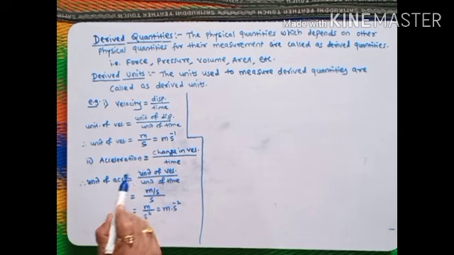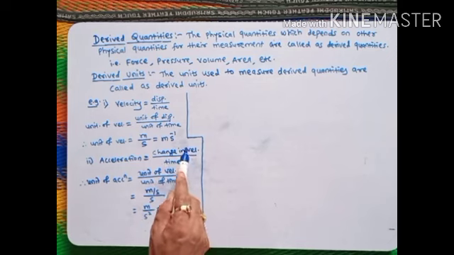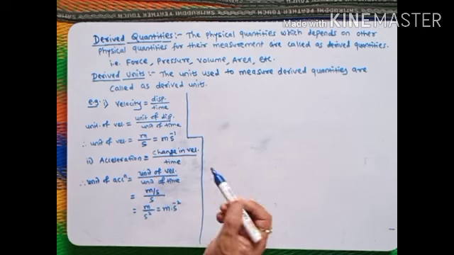This acceleration is also a derived quantity because it is derived from change in velocity divided by time. Again, velocity is also a derived quantity, that is displacement upon time, and in this way the unit of acceleration is found out, and this unit we also call a derived unit.